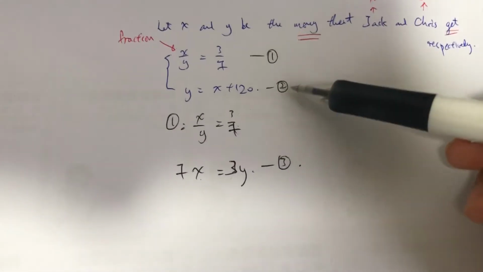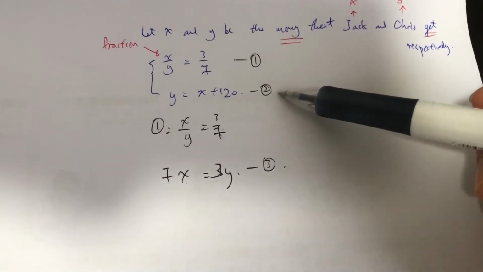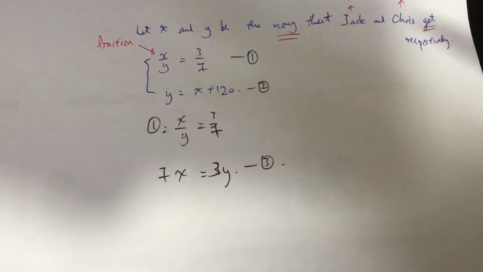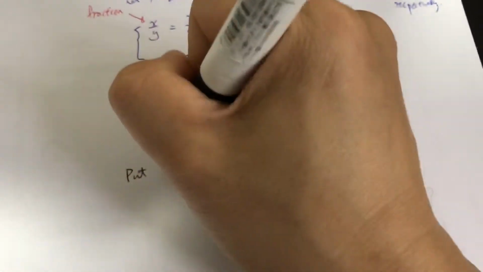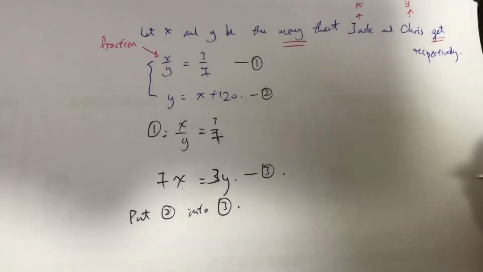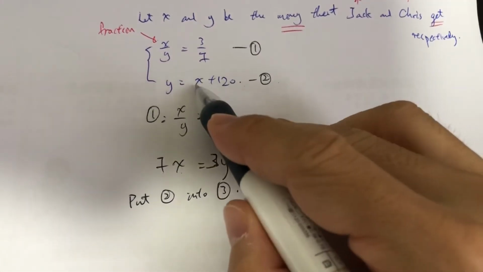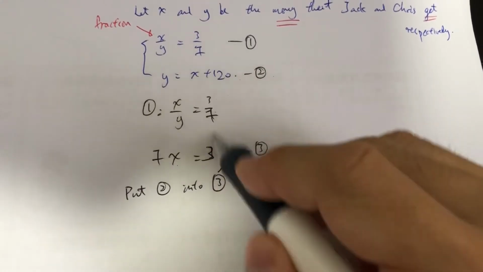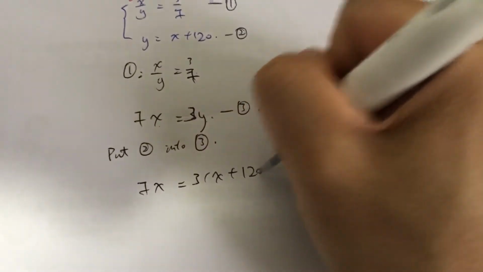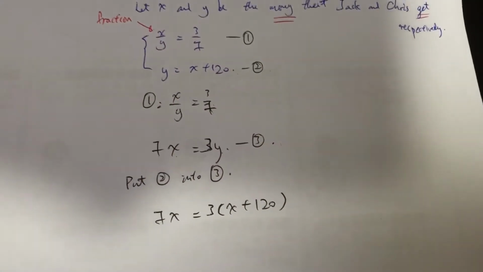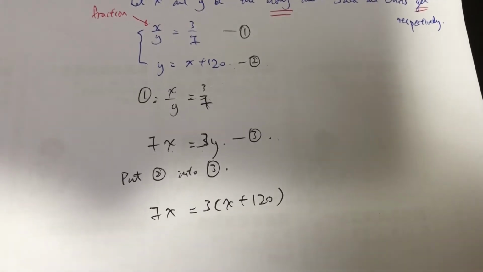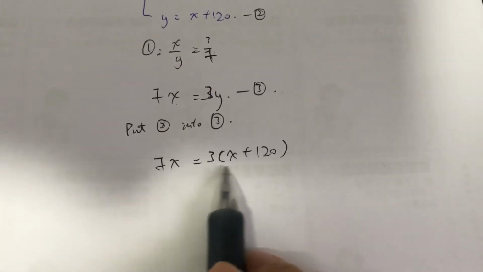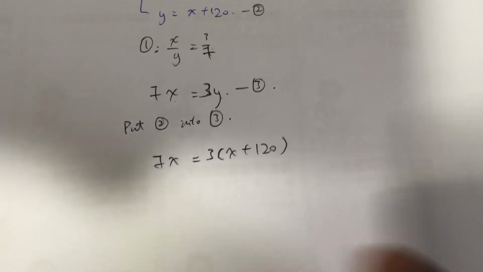And then we see that the second equation has already had y as the subject, so we put equation 2 into 3. The subject is y, so we put the other side of the equation in place of y in equation 3. Here we have only the unknown x, right?